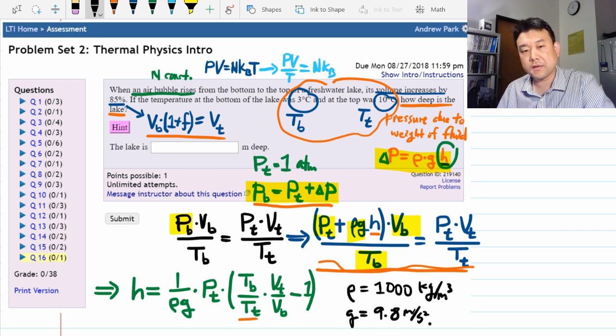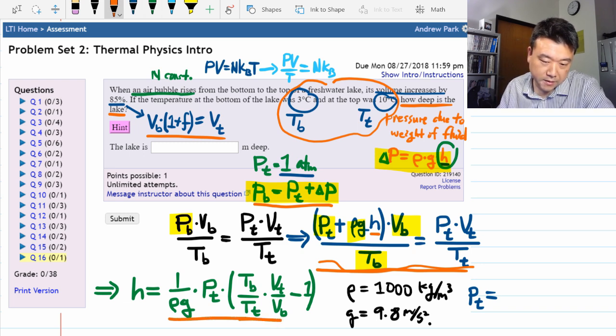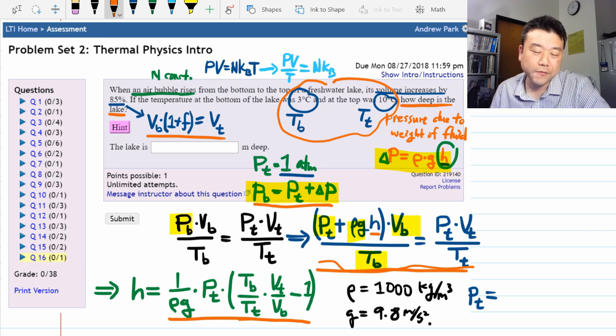One last thing you need to be very careful about is you cannot plug in PT equals 1 atmosphere. I know I said it's 1 atmosphere, but you need to plug this in SI units. That's because when you look at this combination of quantities here, you're hoping that automatically this will all work out to be unit of meters.